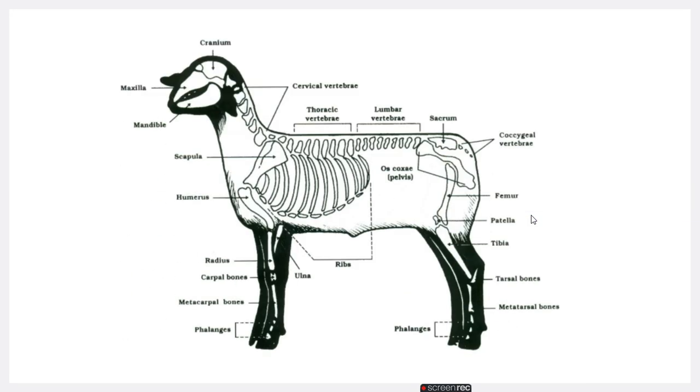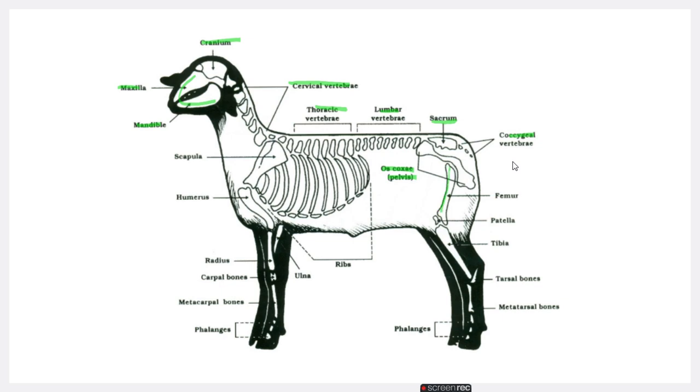Moving forward and talking about this goat: cranial bones, facial bones, maxilla, mandible, upper jaw, lower jaw, vertebrae: cervical, thoracic, lumbar, sacral, coccygeal. Then we have the os coxae, the pelvic or hip bones, which include three bones: ilium, ischium, pubis.